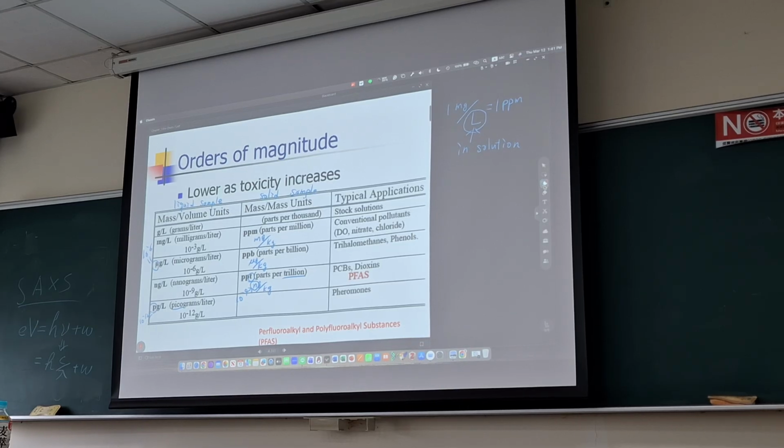So three important things you need to memorize are ppm, ppb, and ppt.